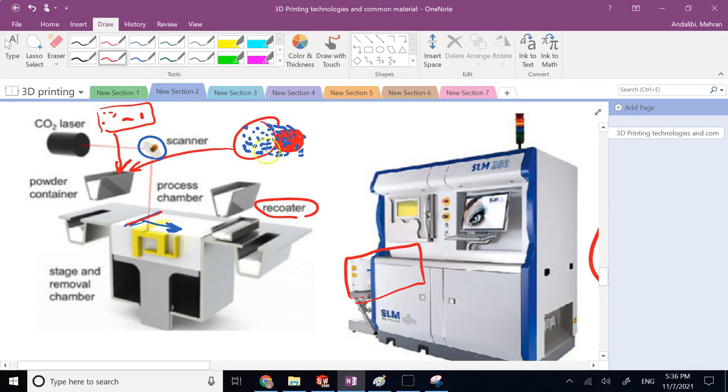You do not use the recovered powder 100% back again in the container, because although it's not sintered, it has been exposed a little bit to the heat, so it doesn't have as good quality as the powder that comes directly out of a sealed container. So you have to mix, and it's not like there is no waste. Over time, if you don't use a lot of this powder, you will end up with a lot of powder that does not have good quality.